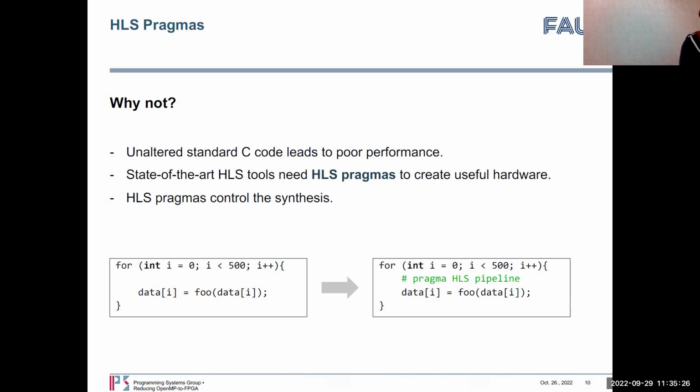These HLS pragmas control how C structures like functions and loops are translated into hardware. Here's an example for the for loop. You can use pragma HLS pipeline, so the for loop will be unrolled into a so-called hardware pipeline, greatly reducing the loop latency.